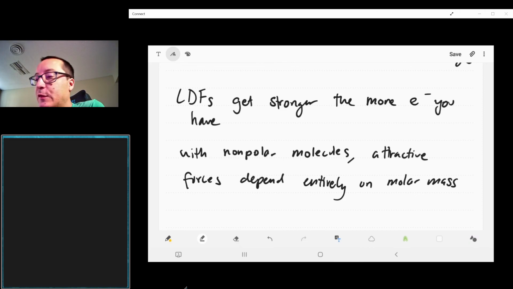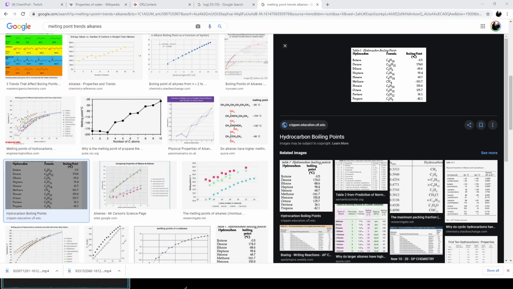So if we pop over to Google again, let's see some trends that we can get with something called alkanes. Let's have a look at some charts here. Where's a nice chart for us? Aha. Okay, if we look at this, I'll try and zoom in a bit.